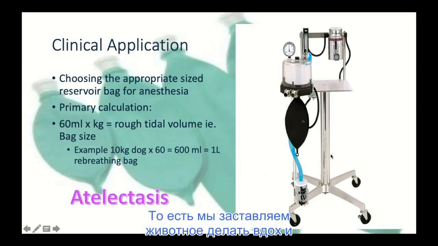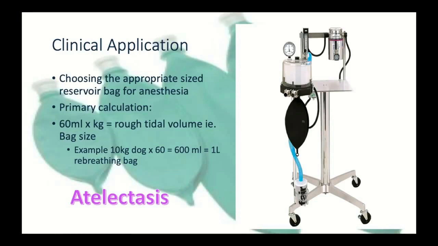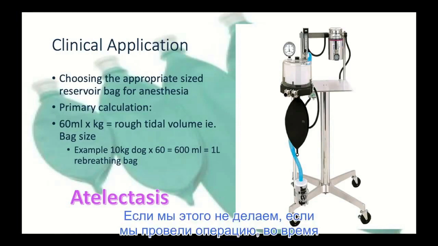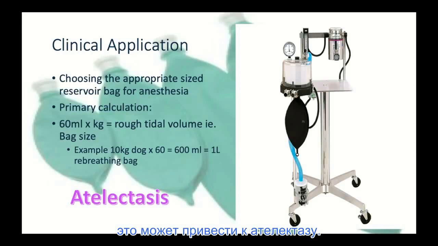So we might need to force them to have a breath and create positive pressure inside their lungs. If we do not, and if we go through the whole anesthesia and later realize that they weren't properly oxygenating their lungs, that can result in atelectasis, which is alveolar collapse.